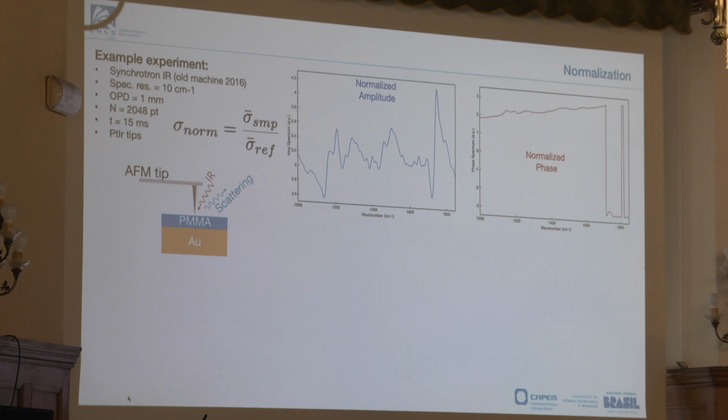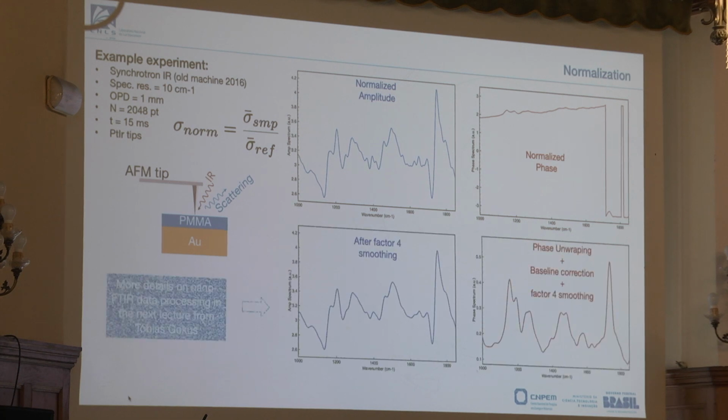Of course, we can do more things here to make these spectra more presentable, so we can refine them. Tobias is going to present this afterwards, how to actually handle this kind of spectrum.